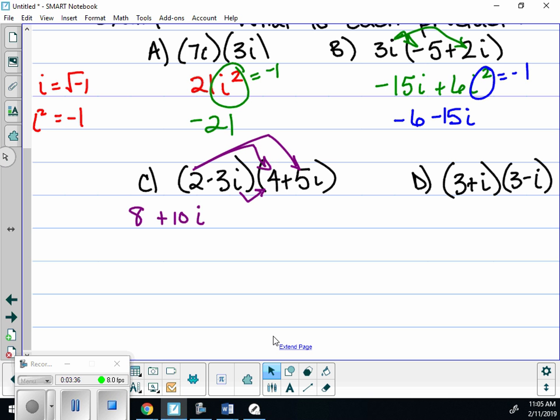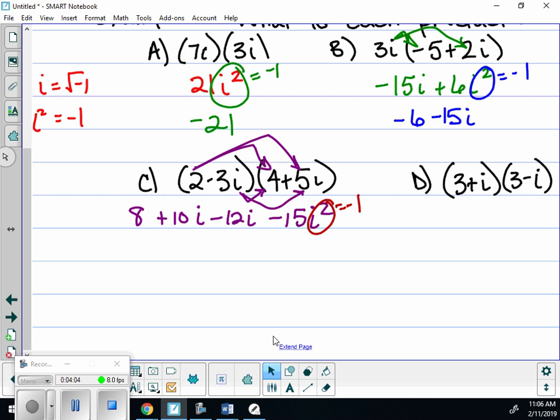Inners. -3i times 4 is -12i. And last with last, I have -3 times +5, which is -15, and i squared.